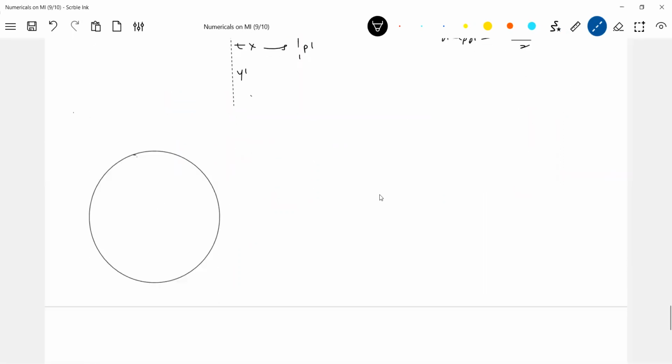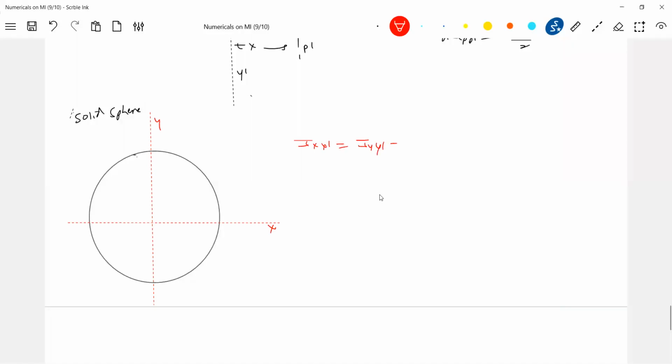There's a solid sphere of radius r. About any diameter, what will be the moment of inertia? About x dash or y dash, or about any diameter also you can draw like this.